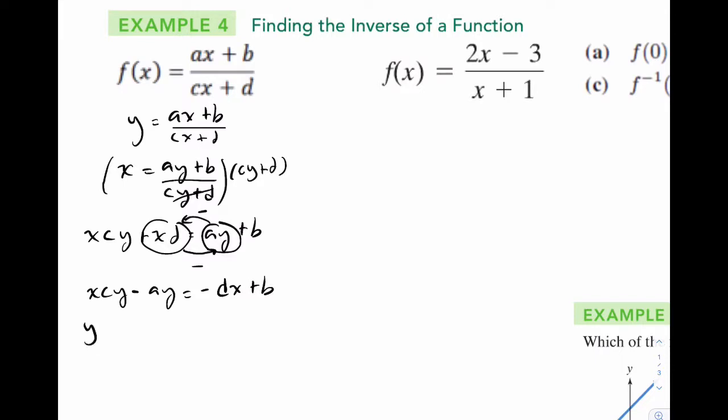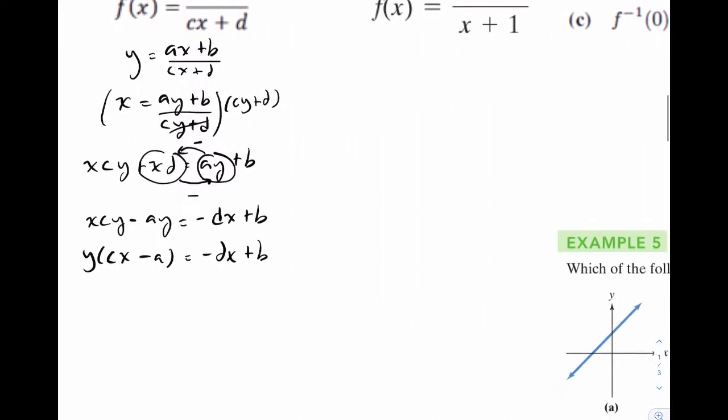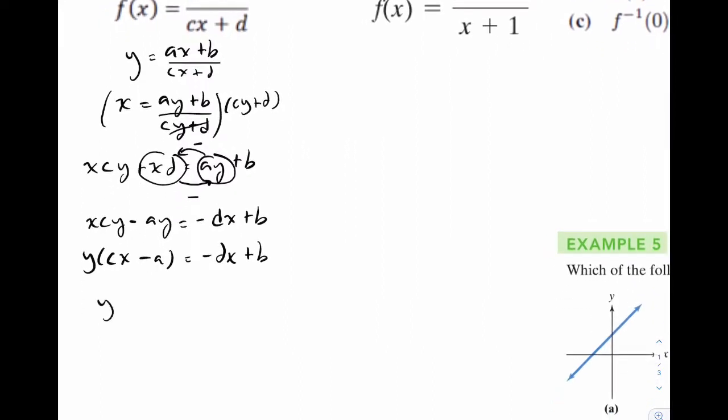We factor out the y. Now I have cx minus a. That's negative dx plus b. So it got pretty messy, but now it's coming out pretty clear. Y is equal to negative dx plus b over cx minus a. And let's box that.